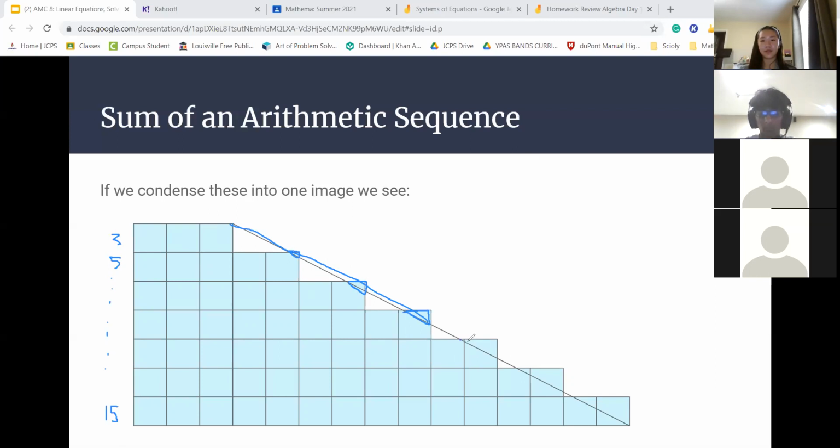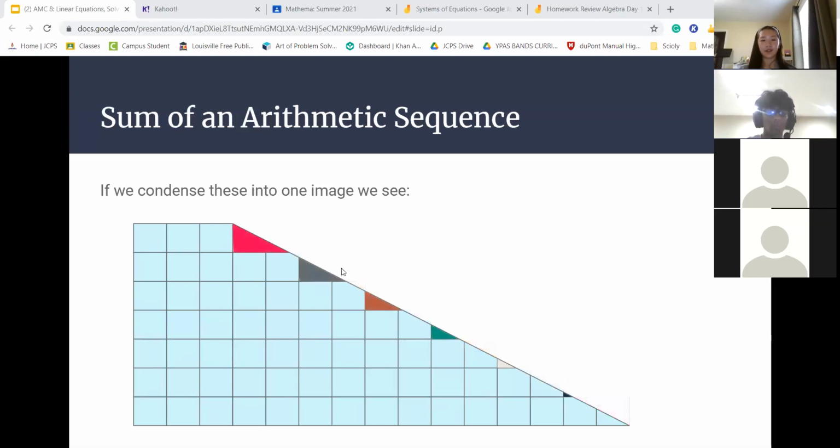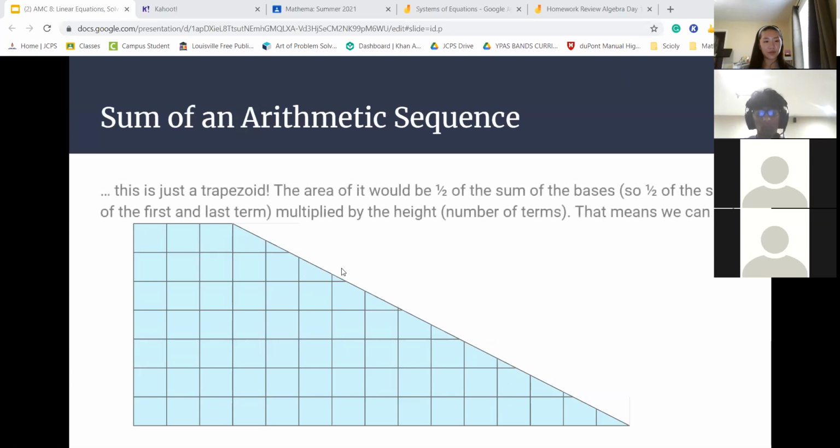If we use these pieces to fill some of these gaps that we see here, we can see that it is just a trapezoid.